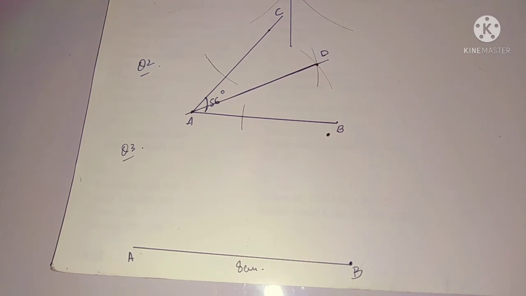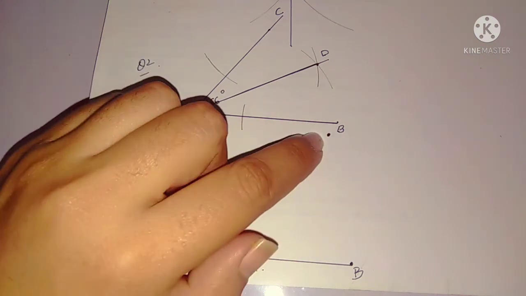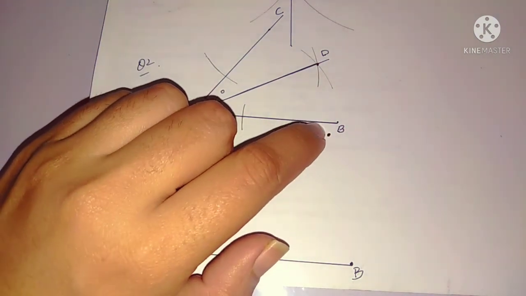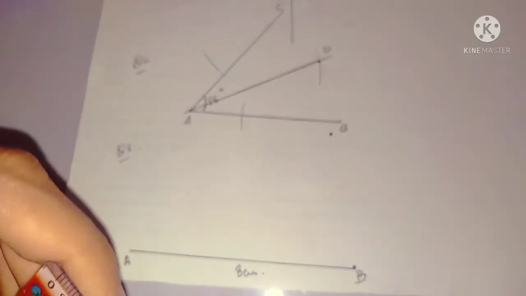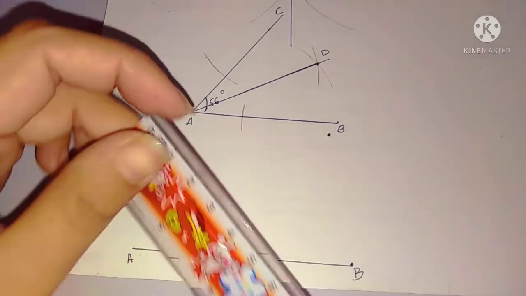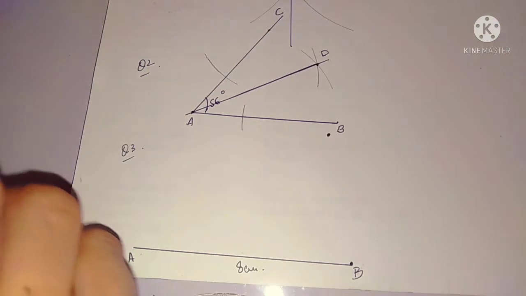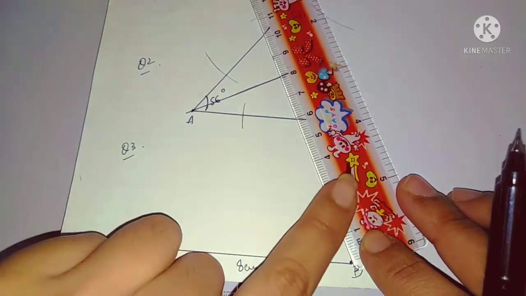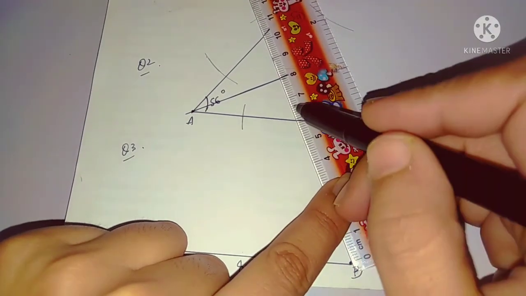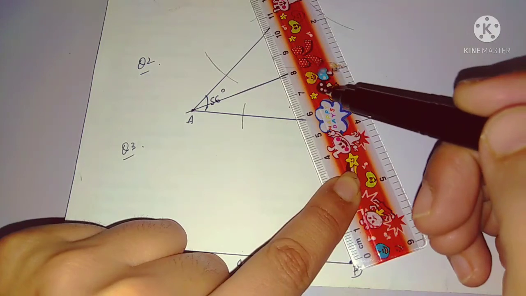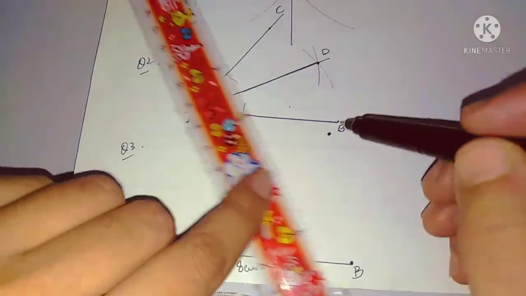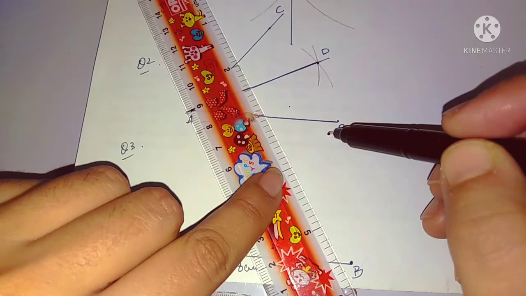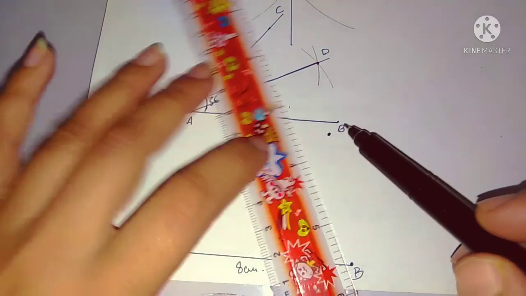Now you have to take the scale and measure where it comes. 6.5. But remember, we have to take the length from this point, from this angle. So BC is 6.5, so I will start from 0. So where does 6.5 come? This is 6 and this is 6.5. Now I have to consider this point.